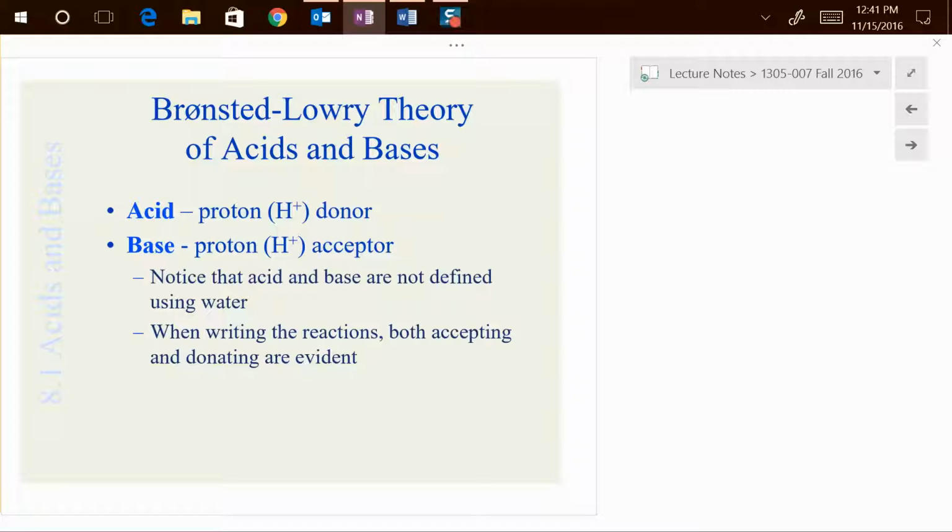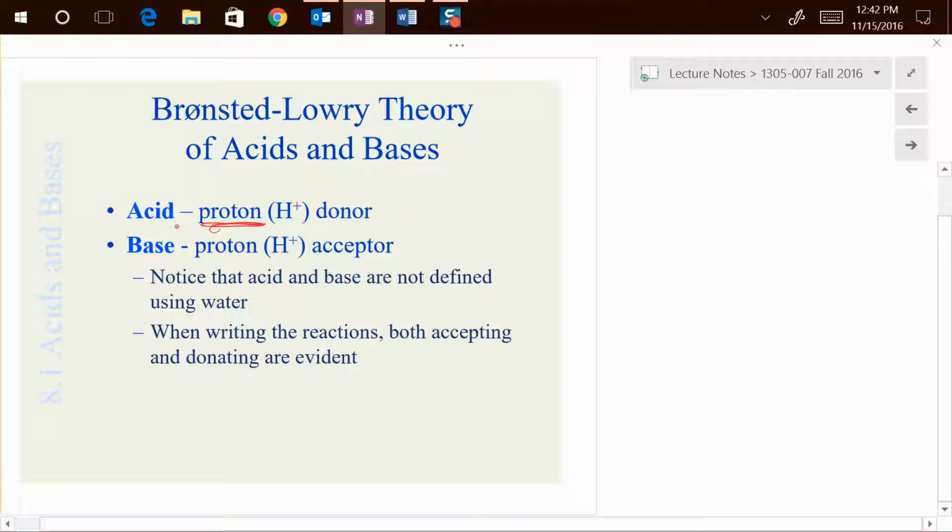So if something accepts H plus, it is then considered to be a base. So the acid donates the hydrogen, the base accepts the hydrogen. So acid-base chemistry is about transfer of this H plus ion, a proton. That's what we call it, a proton.